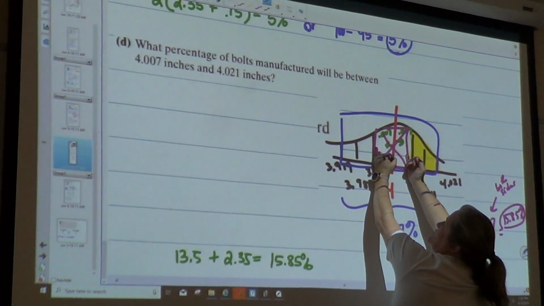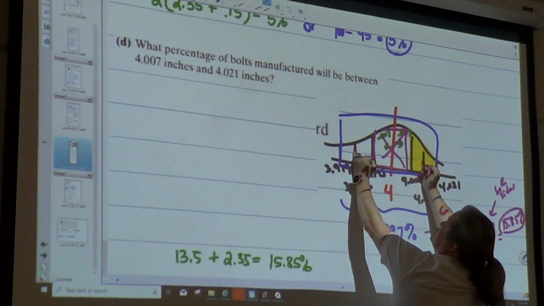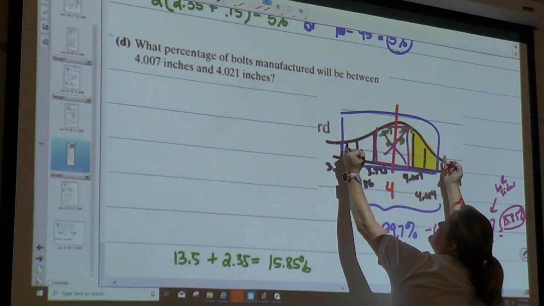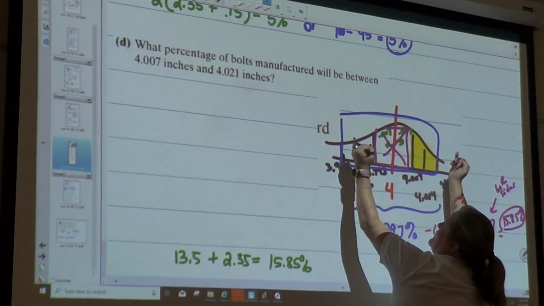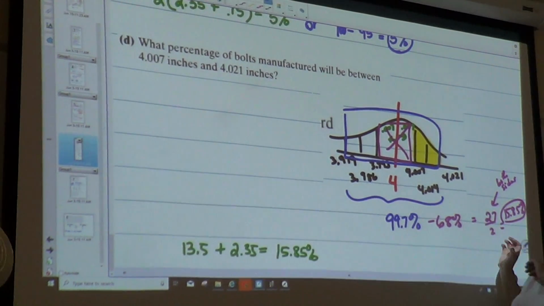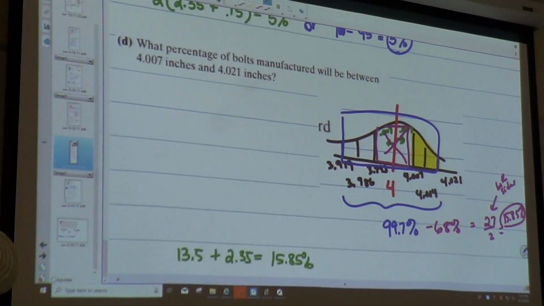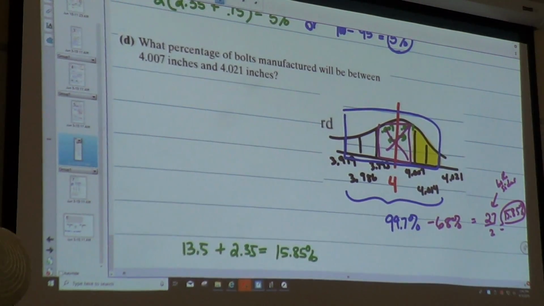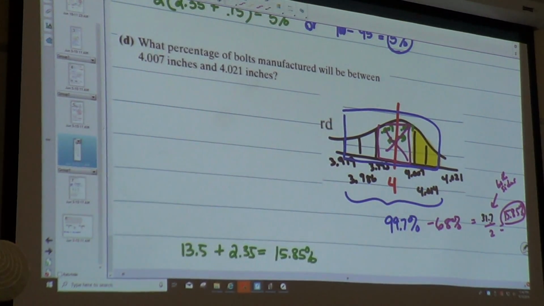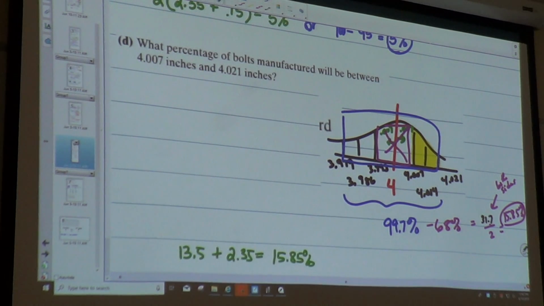So 68's a one jumper, 95's a two jumper, 99.7 is a three jumper. So it's going to be a 99.7 minus a 68, and then cut that in half. So what's 99.7 minus 68? 31.7. Thank you. 31.7, cut in half.